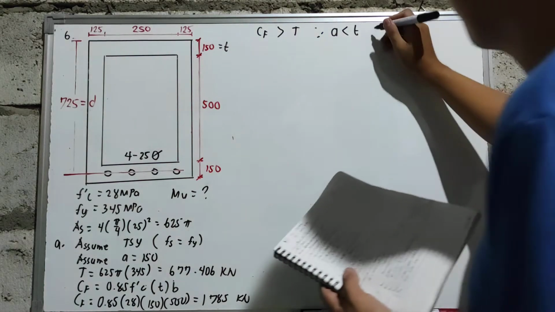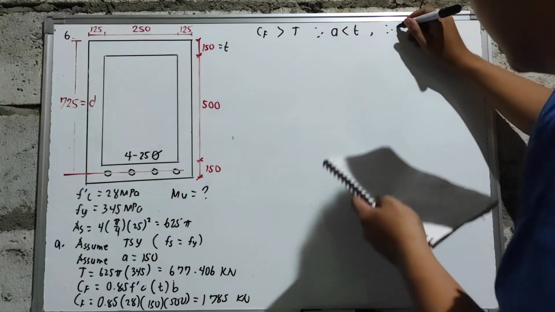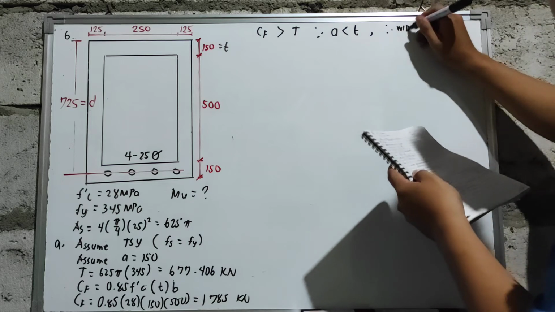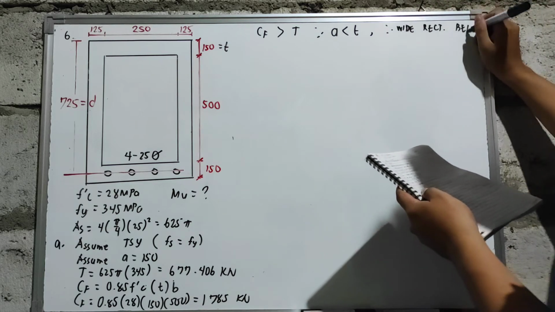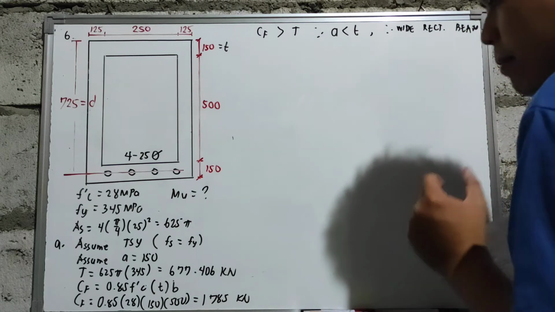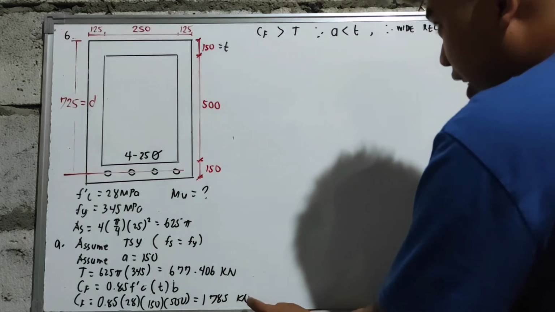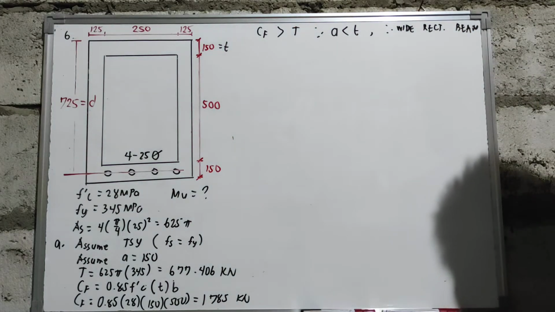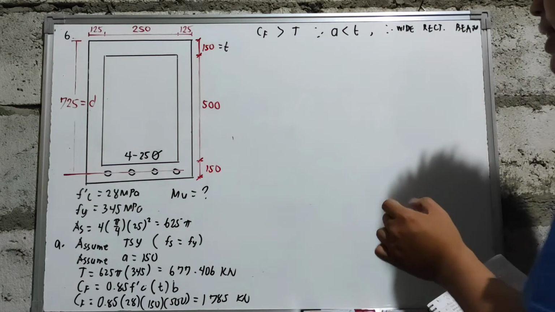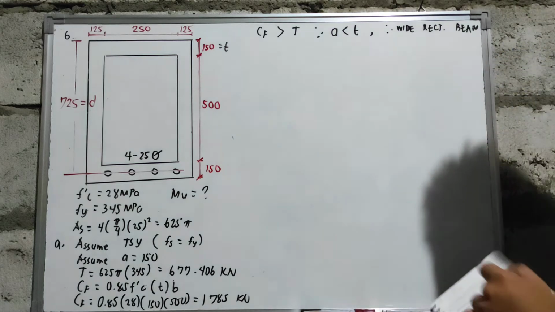So, therefore, we can now say na wide rectangular beam lang yung gagamitin natin dito. Kasi ang gagawin natin para mapag-balance natin yung T at saka yung CF, babawasan natin ng area yung C sub F natin. So, mababawas yung value ng A natin.